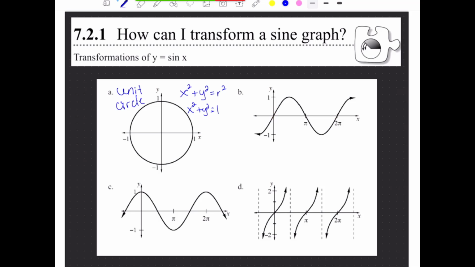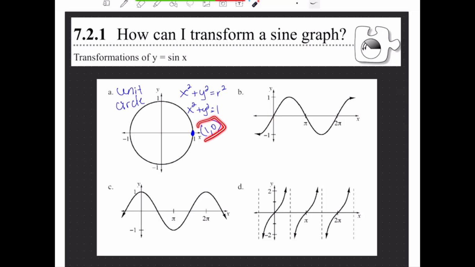So if I go over to my unit circle, and we're talking about this point right here, that's when my degrees is 0, or I have 0 radians. So that's a point on the circle. What's the coordinate point for that point? X is 1. Yep, and y is 0. So when we've turned that into the graph, we're saying that when we were at 0, the value that we are graphing is 0.